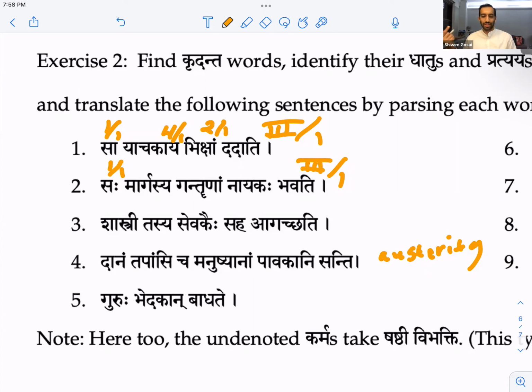So he is what? Nayakaha. Okay. So here, nayaka, right? This is nayaka, akaranta, pullinga. Why do we know it's pullinga? Because it's referring to sa. Prathama vibhakti ekavachanam.